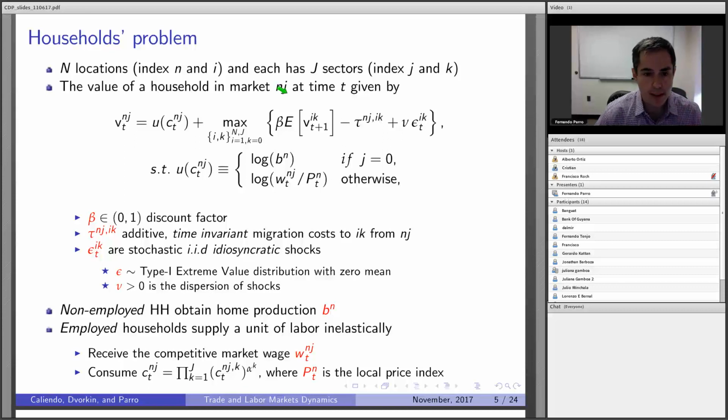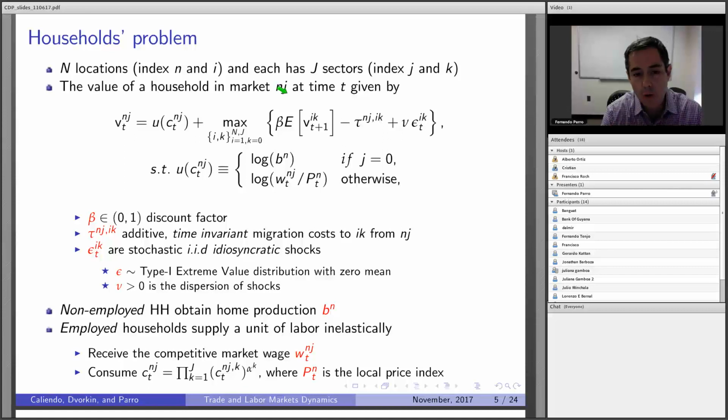So, as I said, I'm going to start by describing the household problem in our model. In the model, there are going to be N locations that we index by n and i. And each location has J sectors that we index by j and k.